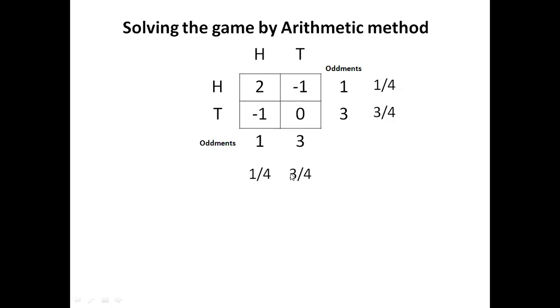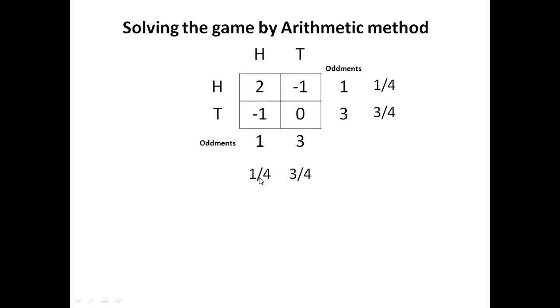1/4 and 3/4. Please remember, if any of the players, A or B, plays the first strategy with a frequency or probability of x, then the second will be 1 minus x, because the sum of the probabilities of the first and second should be equal to 1.